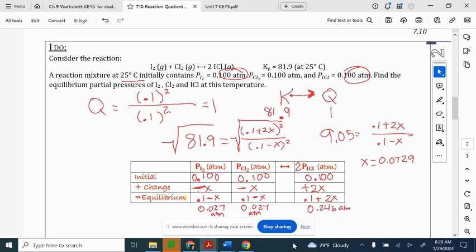All right, good. Questions? Fun times? That's as bad as the equilibrium problems are going to get for this unit.